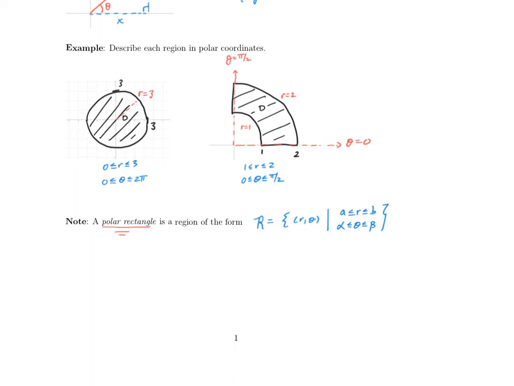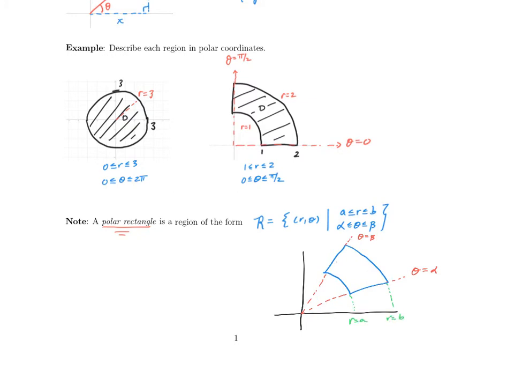A very generic representation of this, if we were thinking of a polar rectangle, it's going to look roughly like this. And how we can see this polar rectangle is you have maybe the bottom portion corresponding to a theta value of alpha, this upper slash left portion corresponding to theta equals beta, and then if we continue on the outside, we're thinking r equals a, r equals b.